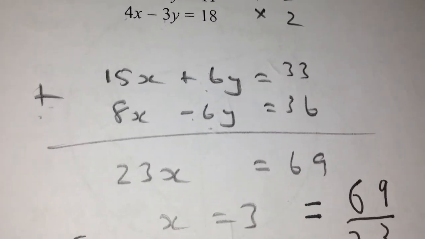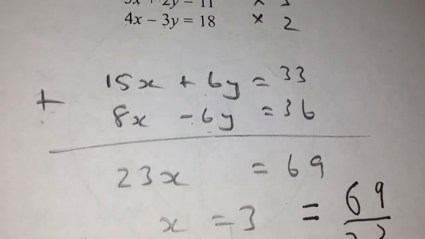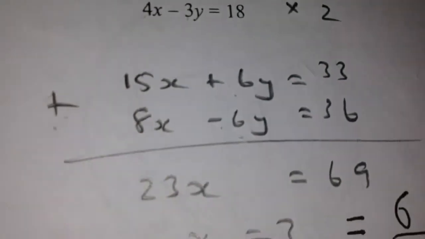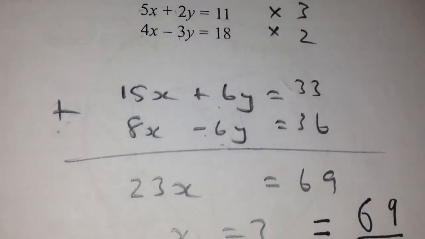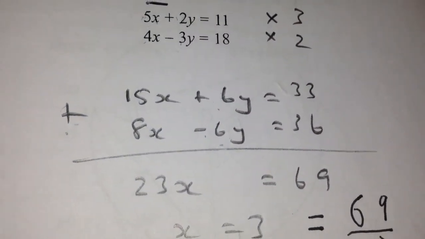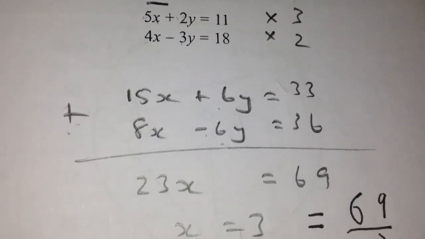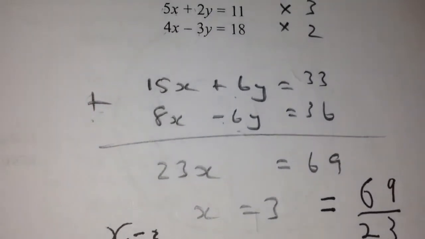So here we have the equations again, and all we've done is multiplied them, and we've made the 6y's the same. This is basically the important line here. Now we have to choose whether to make this a minus or a plus equation, where we minus or plus the whole equation to eliminate the 6y's.